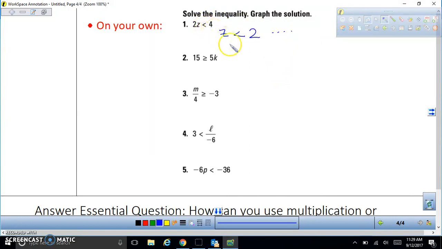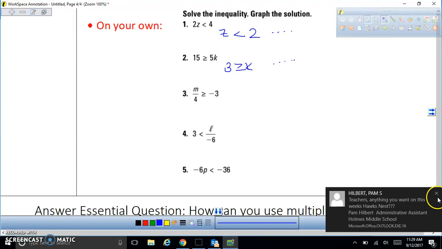Open circle, and then you are shading to the left because Z is smaller. All right, this one would be K is less than or equal to, this one's not going to be flipped, and 15 divided by 5 is 3. Graph it, and you should have a filled-in circle, and you should be shading to the left.